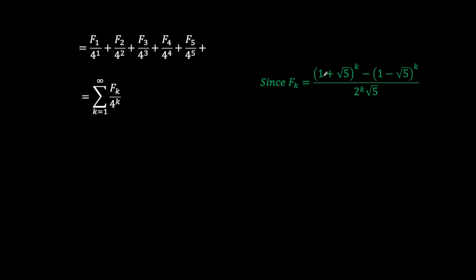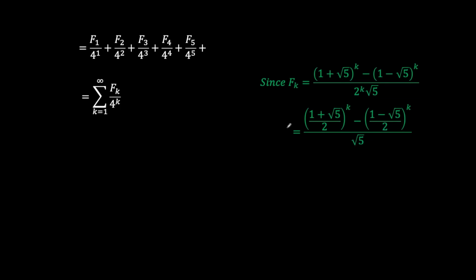The kth value is (1 plus root 5) to the power k minus (1 minus root 5) to the power k, over 2 to the power k times root 5. So we can simplify to say that this is ((1 plus root 5) over 2) to the power k minus ((1 minus root 5) over 2) to the power k, over root 5.